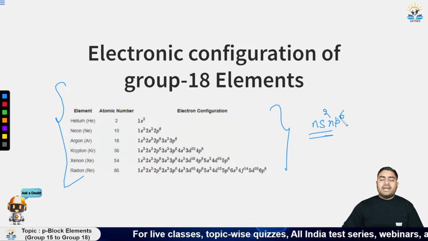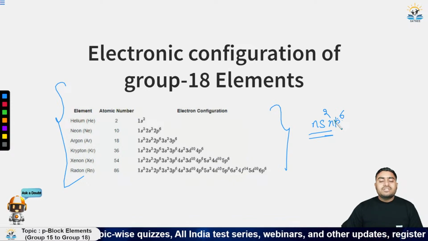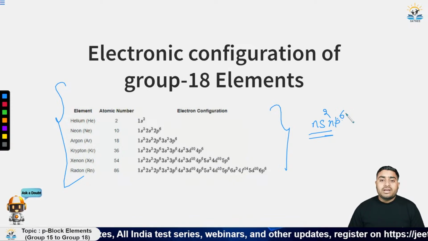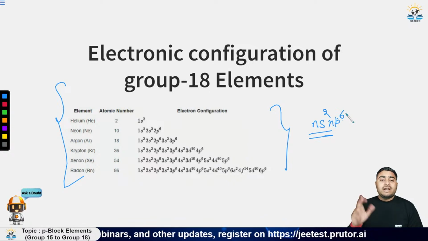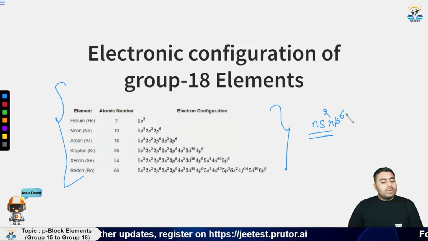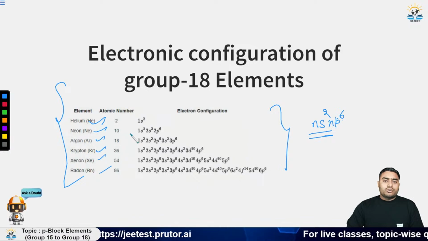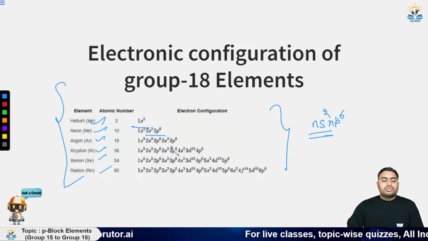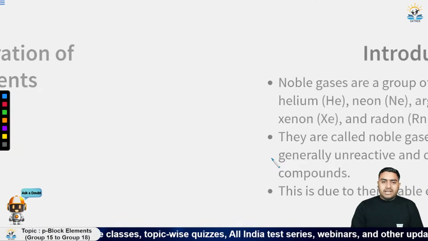The np4 is for group 16, which is the oxygen family, halogens are group 17, and this one is group 18, which is noble gases. So helium, neon, argon, krypton, xenon, and radon. You can see 1s2, then 2s2 2p6, 3s2 3p6, 4s2 4p6, and so on. This is about the electronic configuration of group 18 elements.